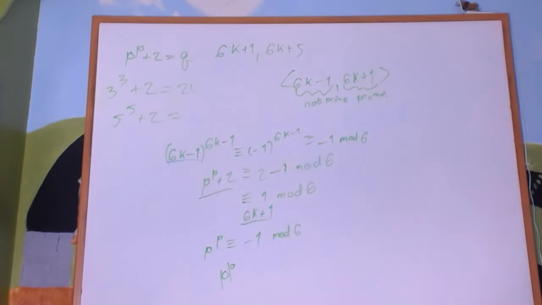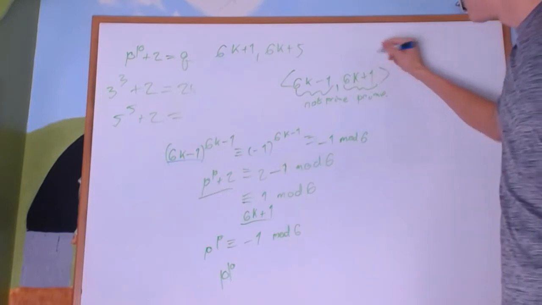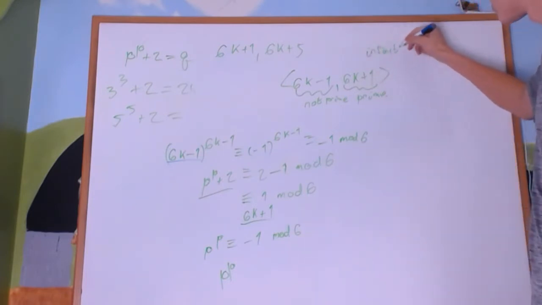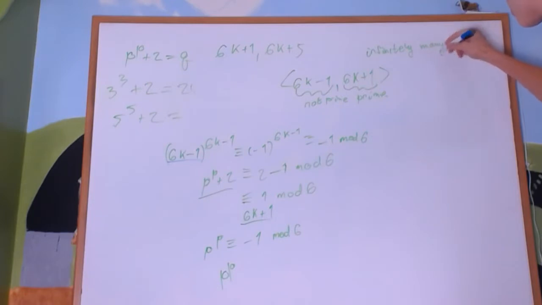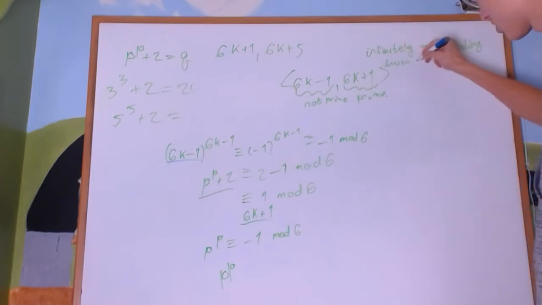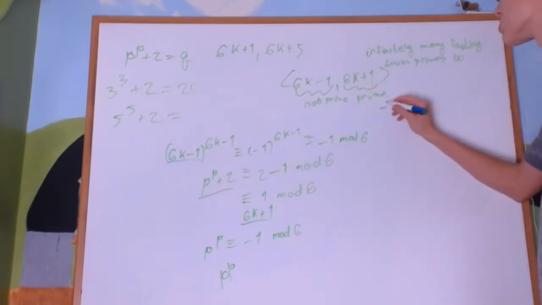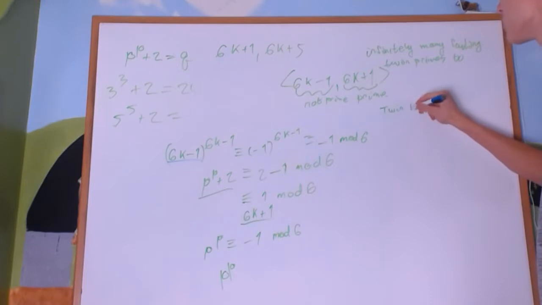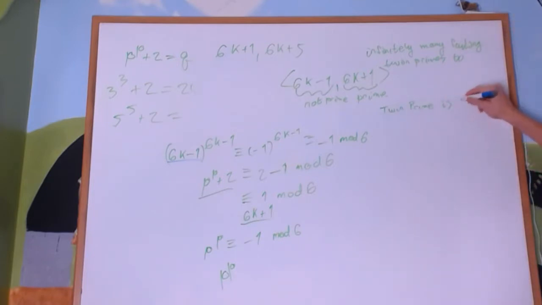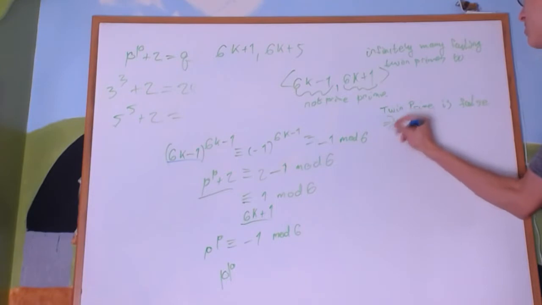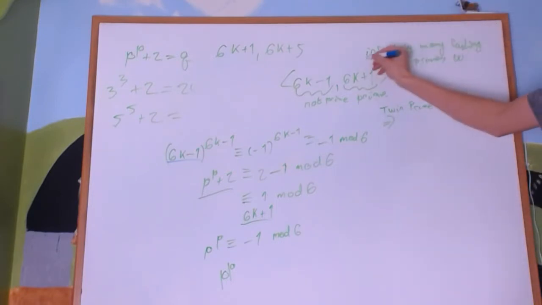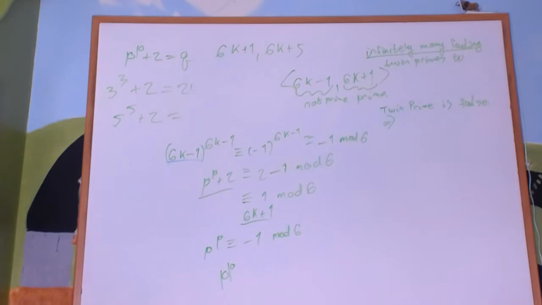So you would need infinitely many failing twin primes to prove it. So if the twin prime conjecture were false, that means that you would in fact have infinitely many failing twin primes.